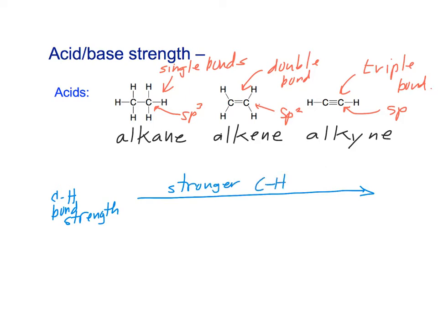All right, so what do you think? How would that affect acidity? So for me, if I was just thinking about this, I might think that if the bond on the alkyne is stronger, that would make it harder to break, and I would suggest then that this would be stronger acids as we go to the left. Does that make sense?